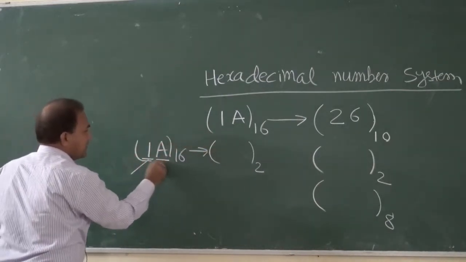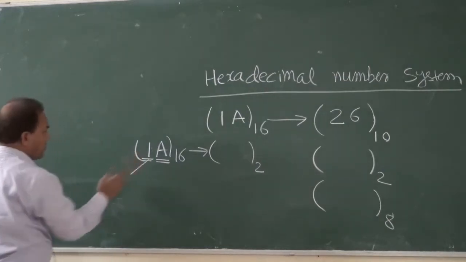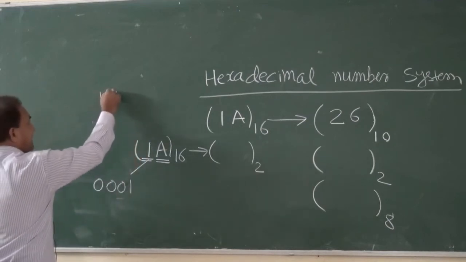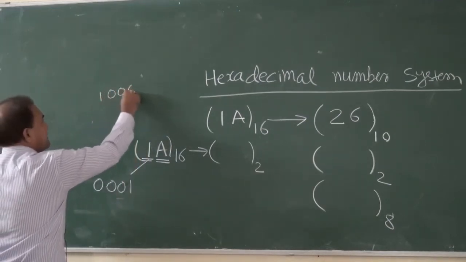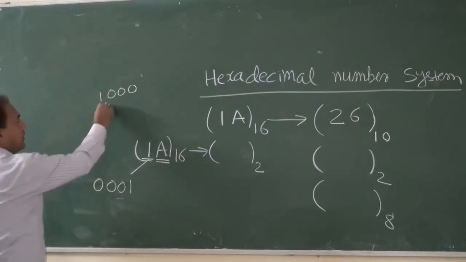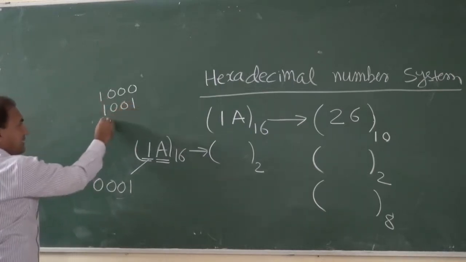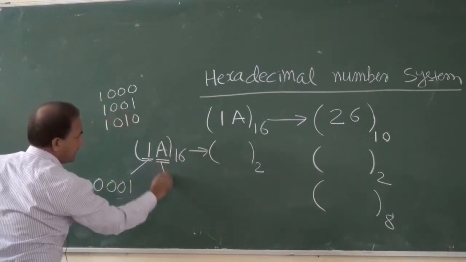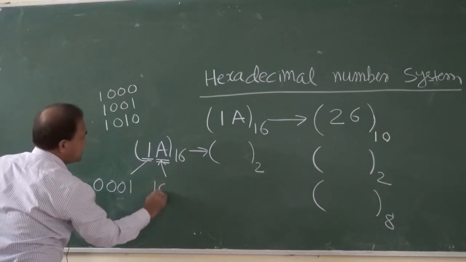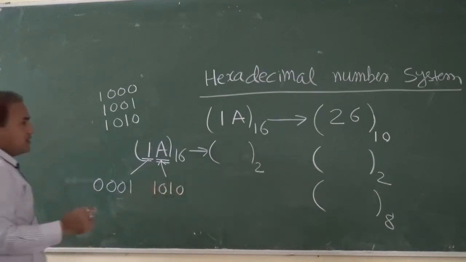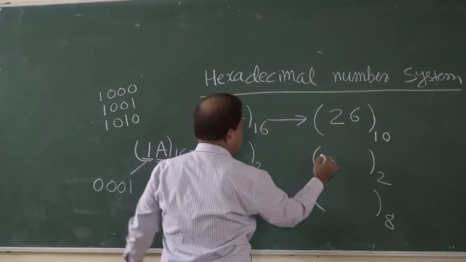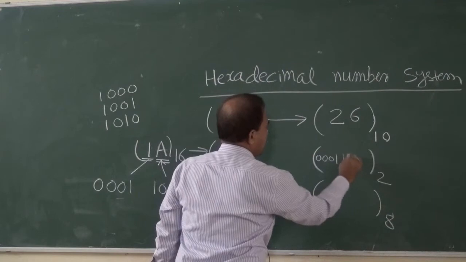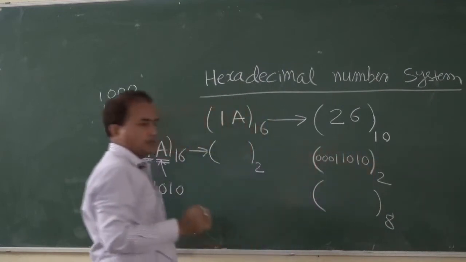You have to represent its symbol with 4 bits. So 1 you can represent 0001, and A means 10. 1000 is 8, 1001 is 9, 1010 is 10. So you can represent like this 1010. So it is 0001 1010 to the base 2.